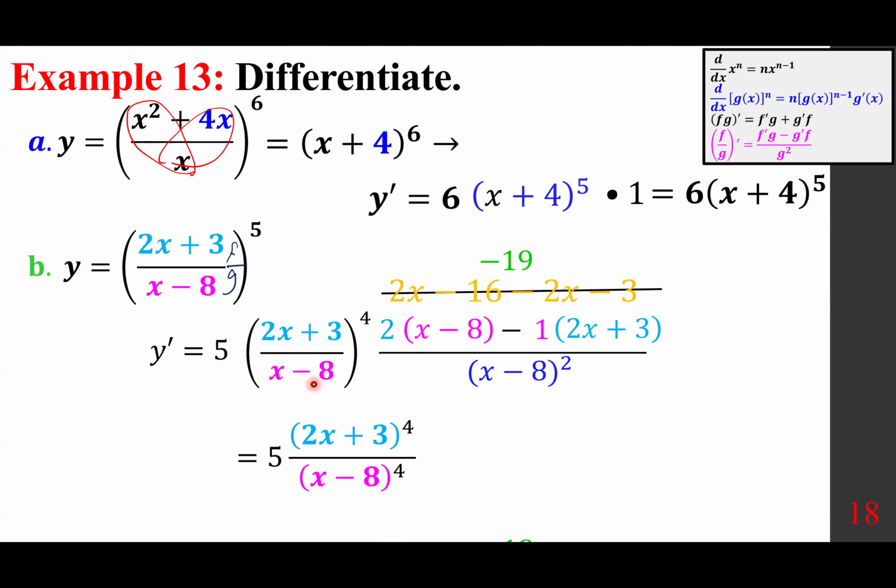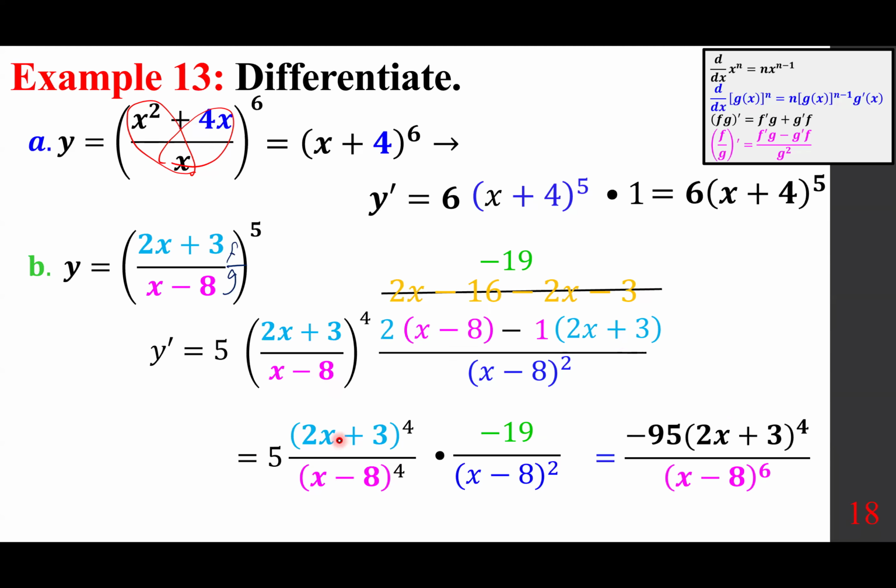So I'm going to separate them into this format. And now it is clear that the bottom is x minus 8 and the exponent is 4 plus 2, or simply 6. The numerator is 5 times negative 19, which is negative 95, times 2x plus 3 to the power of 4. The reason I wrote this one, just to make this one clear, you don't have to, you can go directly from here to here if everything makes sense and you have no problem with that.